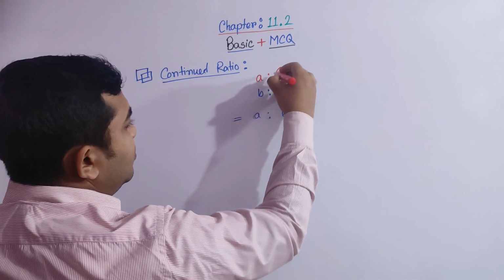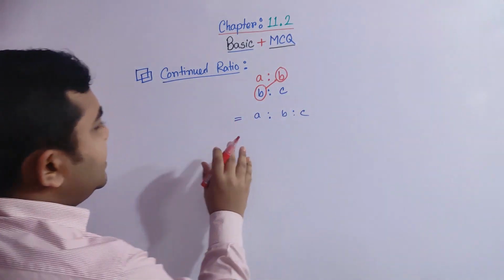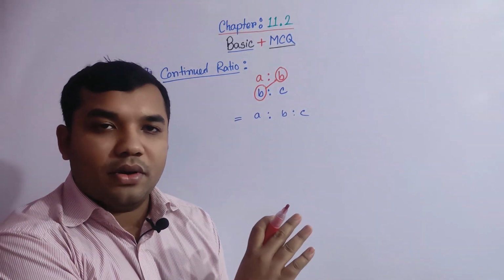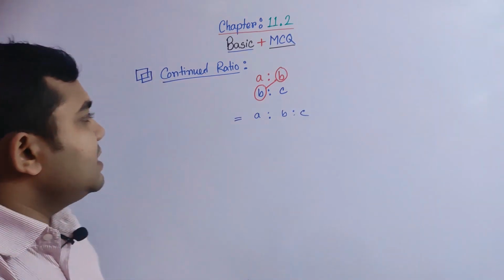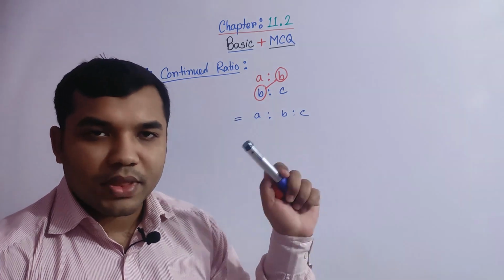Because these two elements are exactly the same. According to our continued ratio definition, A is to B and B is to C can be written as A is to B is to C.